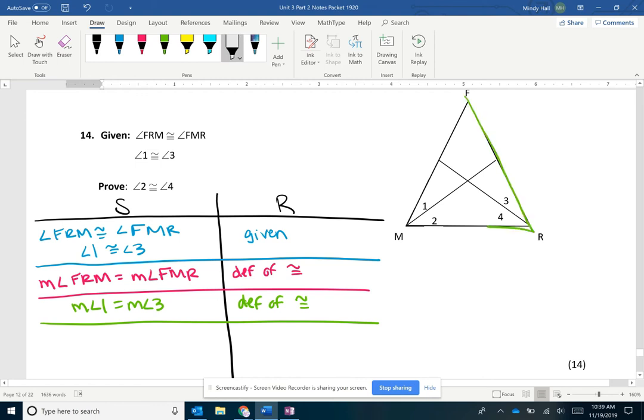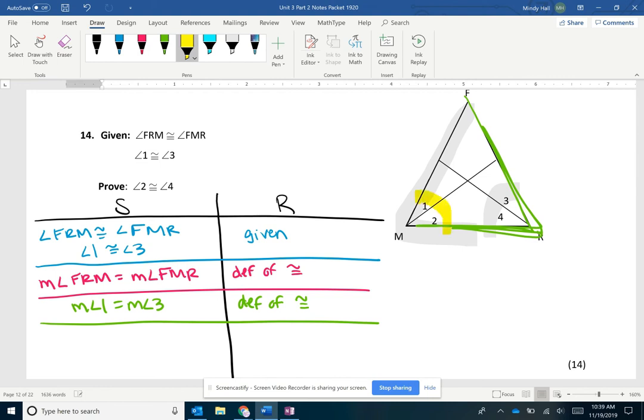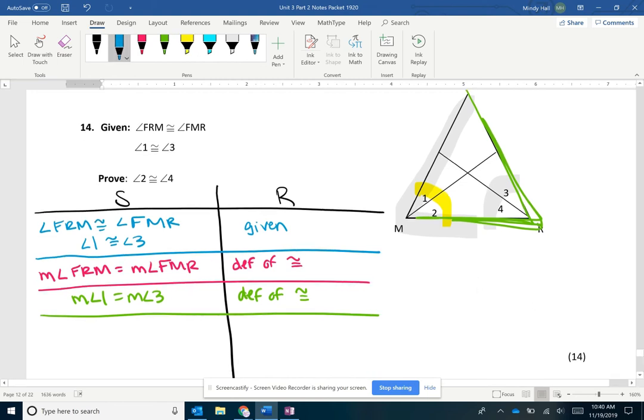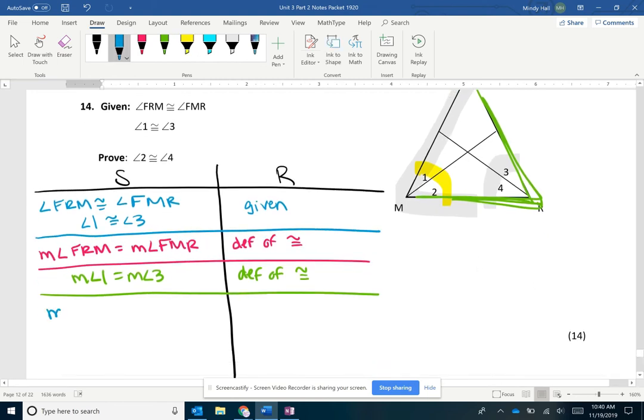So then, if you actually look at the picture, because notice I got those three just from the given, FRM is this guy, and it's made up of 3 and 4. And then you have FMR, which is this guy over here, and it's angles 1 and 2. And so, because of that, we can use our angle addition postulate to say that the measure of angle FMR equals the measure of angle 1 plus the measure of angle 2.